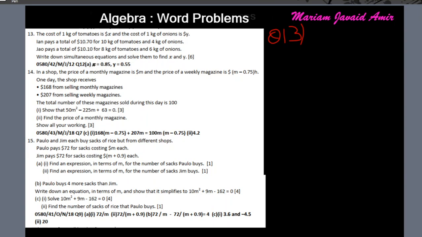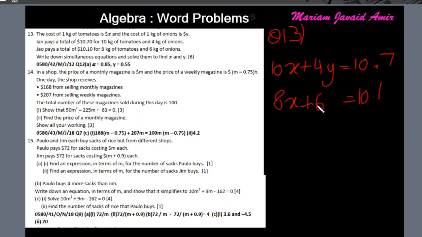Ian pays a total of 10.70 for 10 kgs of tomatoes, so 10x, and 4 kgs of onion, plus 4y equals 10.7. Okay, and then Joe pays a total of 10.1 for 8 kgs of tomatoes, so 8x plus 6 kgs of onions, 6y. So simply we'll be solving these using simultaneous equations and we'll get our answer.